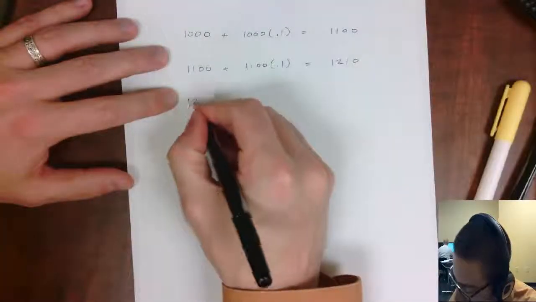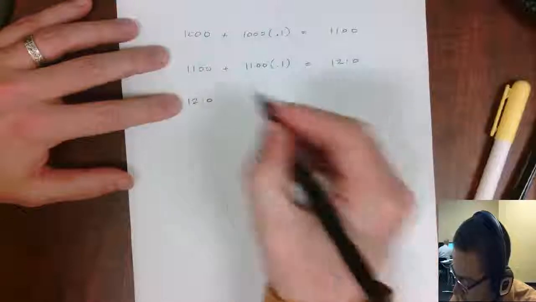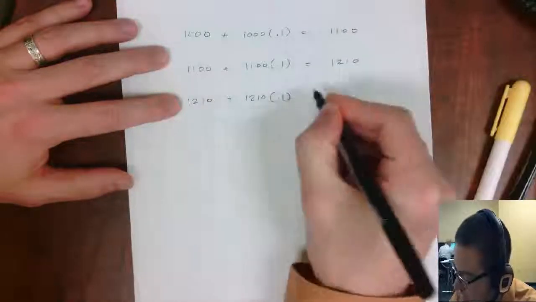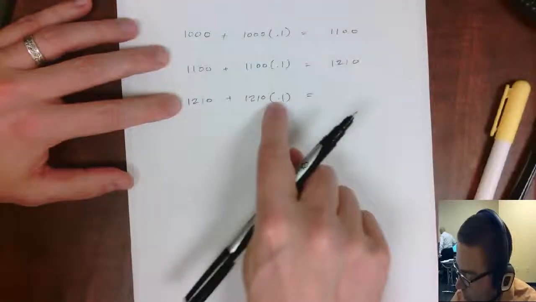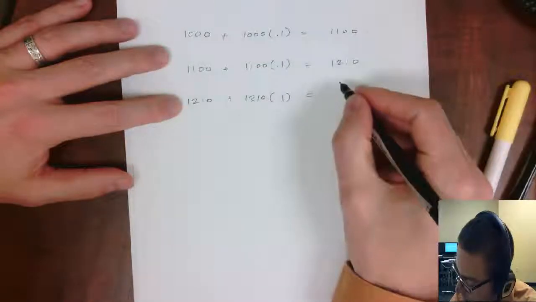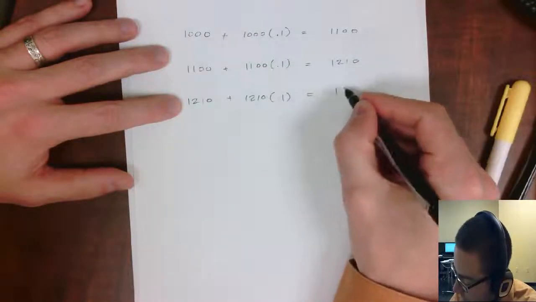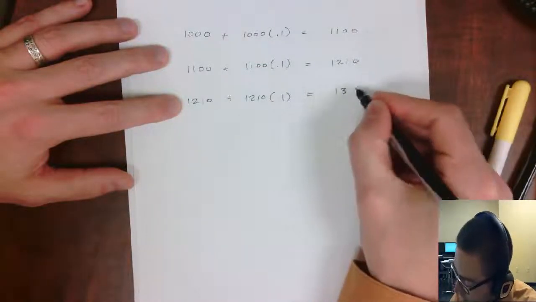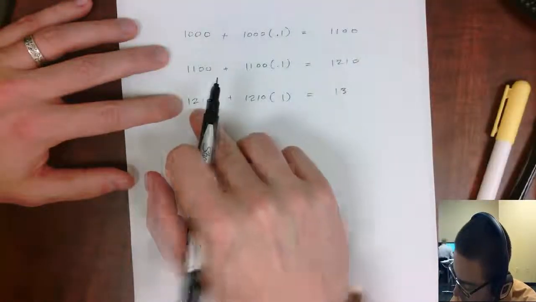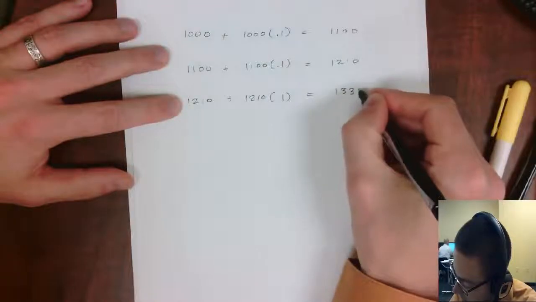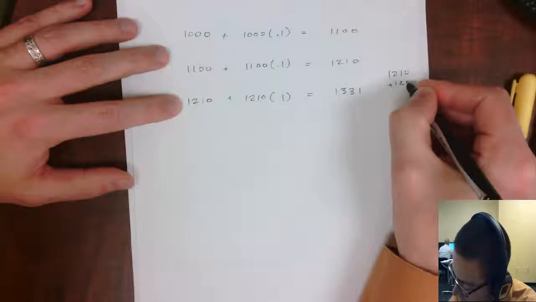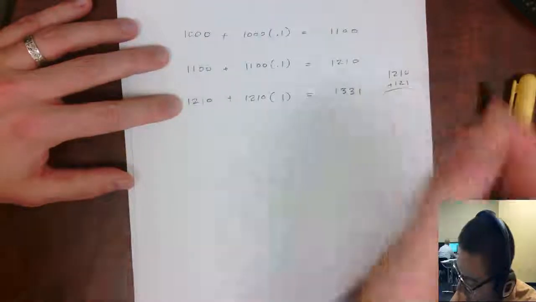So let's continue that. So now we have 1,210 plus 1,210 times 10%. So move the decimal place over one and you get 121. So 1,210 plus 121 would be 1,331, right?